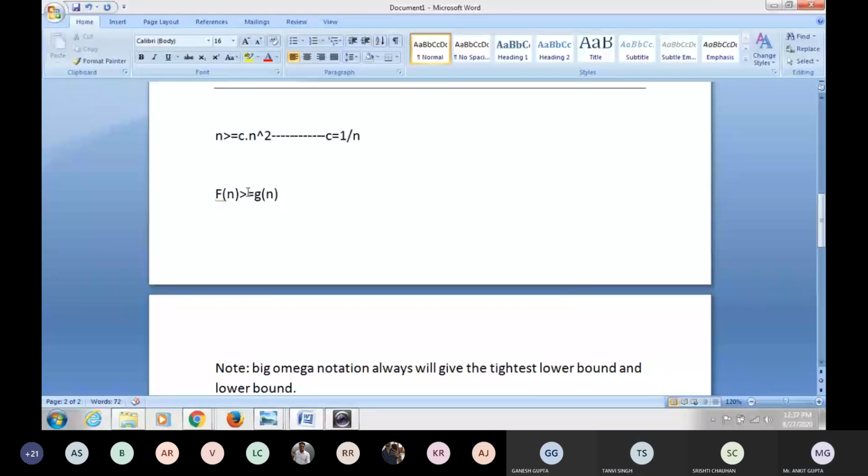It is the lower bound. So big omega notation always gives the highest lower bound and lower bound. But big O notation will always give the highest upper bound and upper bound. Clear?